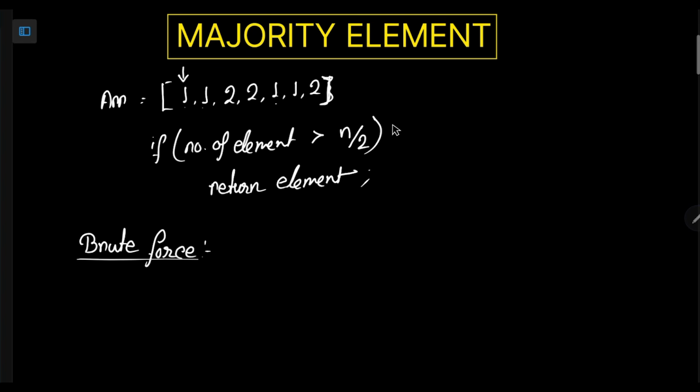One, two, three, four. There are four ones, and then we will count for the second element. The second element is also one, so we will also count for these ones. So four ones. This is our brute force approach.